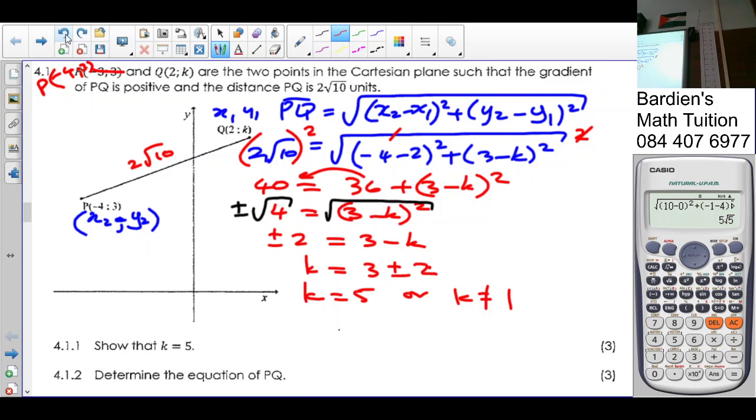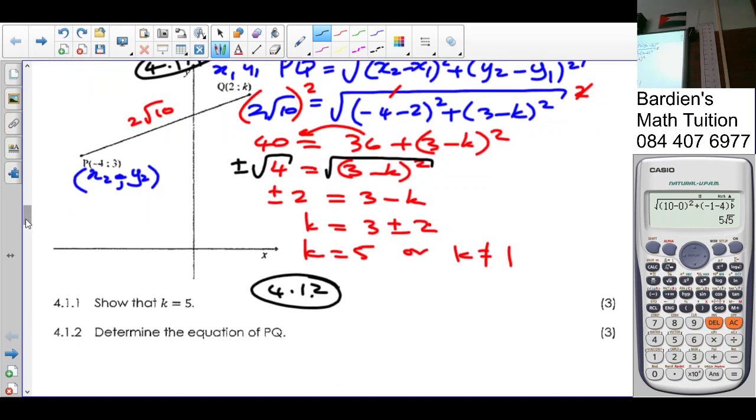And then the next question says, 4.1.2. Determine the equation of PQ. Now, P's coordinate is negative 4 and 3, and Q's coordinate is 2 and 5.